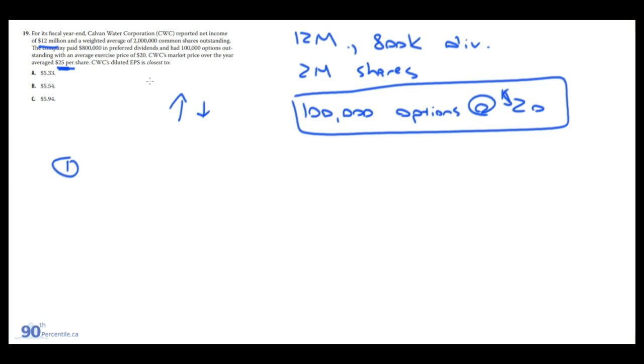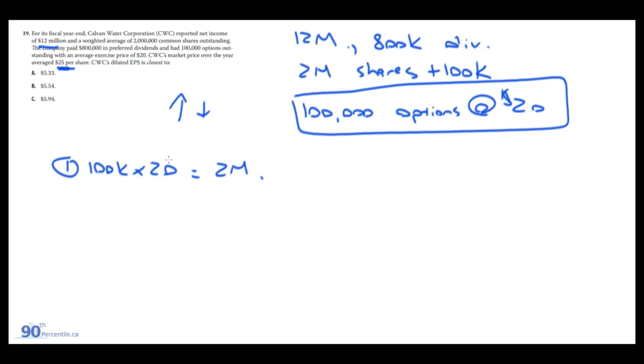So they are going to exercise 100,000 options at 20 bucks, right? So 100K times 20, and they get 2 million in proceeds. And now they're also going to have an extra 100K shares outstanding because they exercised 100,000 options.